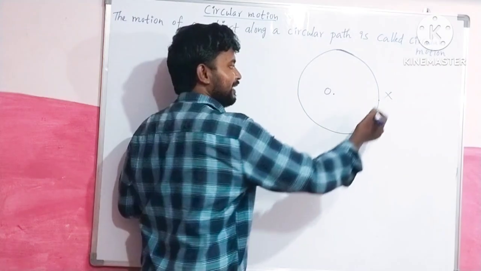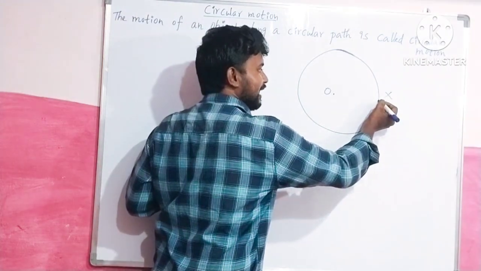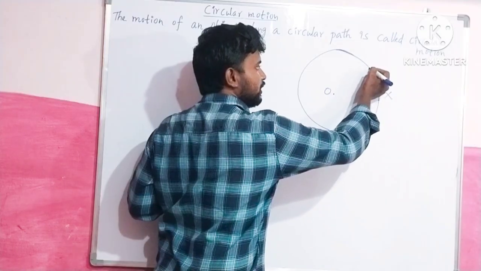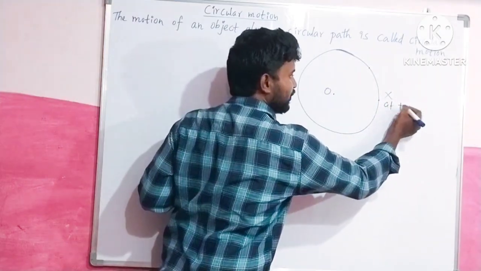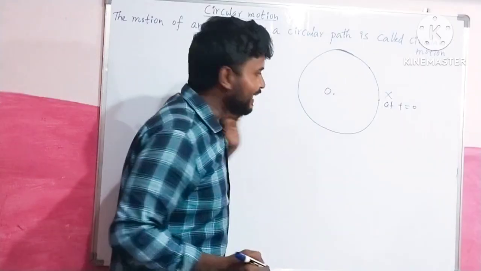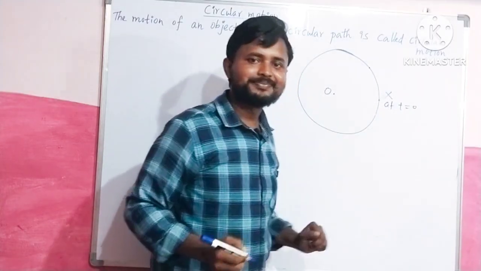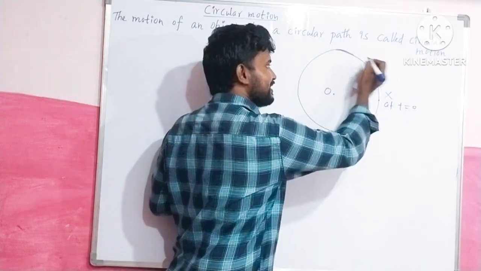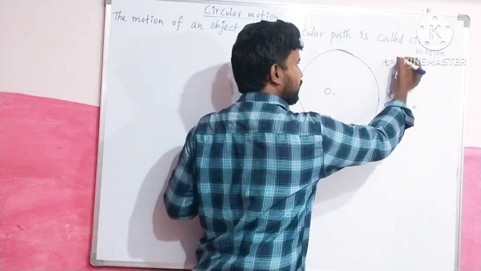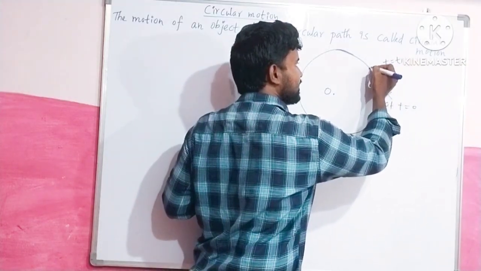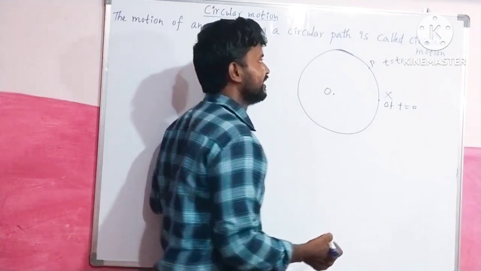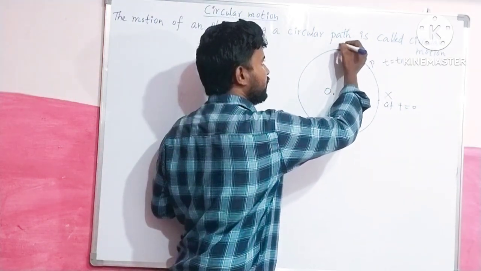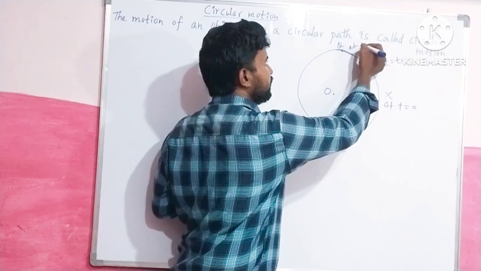For example, I have taken the particle starting here at time t equal to 0. After time t1 seconds, the body reaches the point P. After time t2 seconds, the body reaches the point Q.